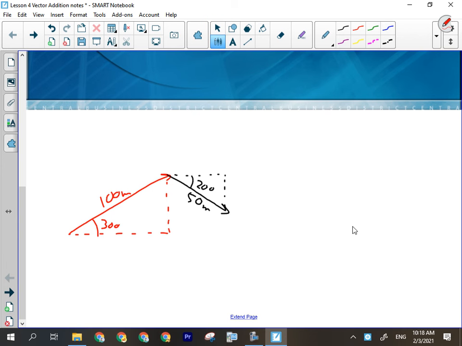Each of these has an x component and a y component. We already calculated the ones for the red one. This would have an x component, this would have a y component as well. The question is basically looking for me to calculate the overall displacement of the object. So where would I draw a line that shows the overall displacement of this object?